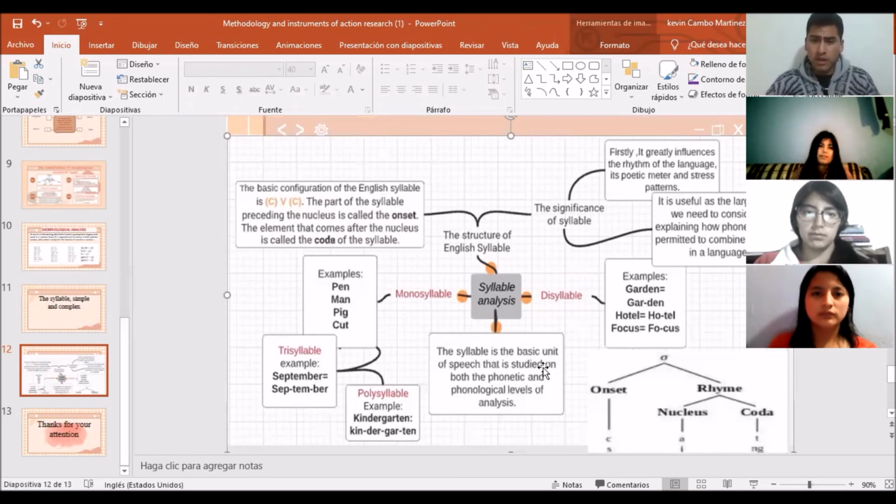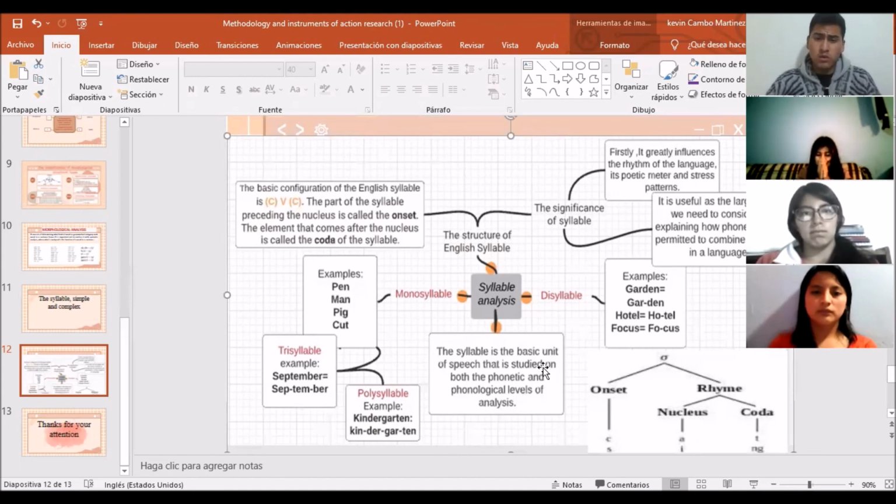Okay, finally, we have an example. I suppose that the word is a single syllable. This word is divided into onset and rhyme. The rhyme is divided into nucleus and coda.